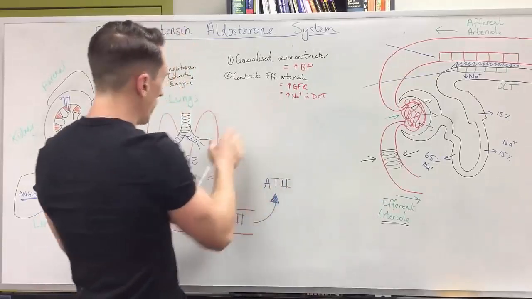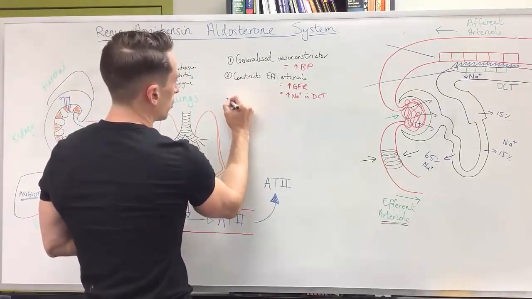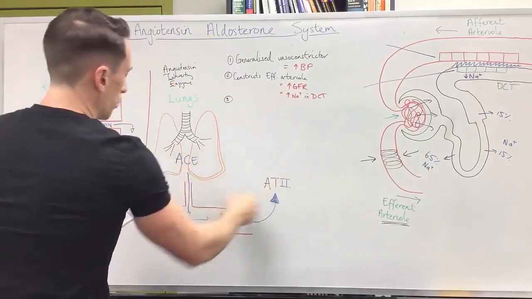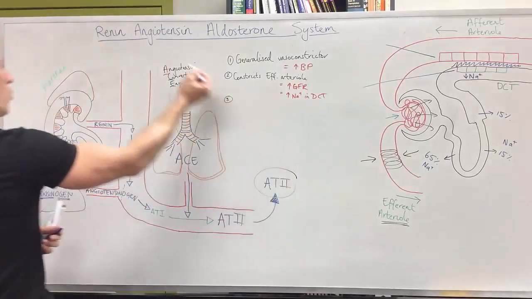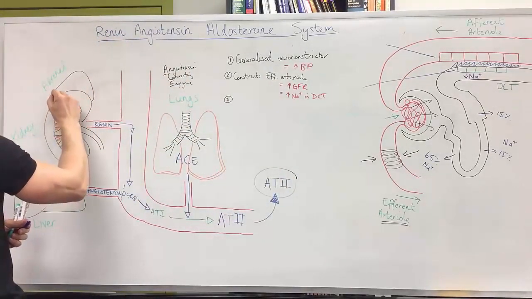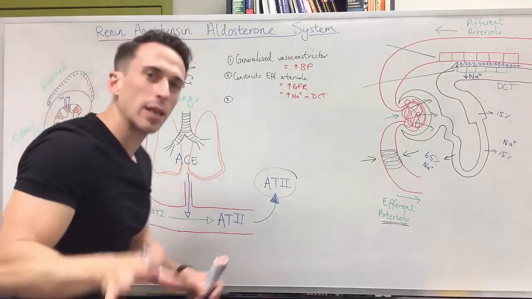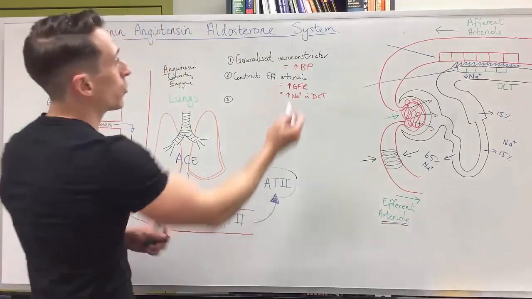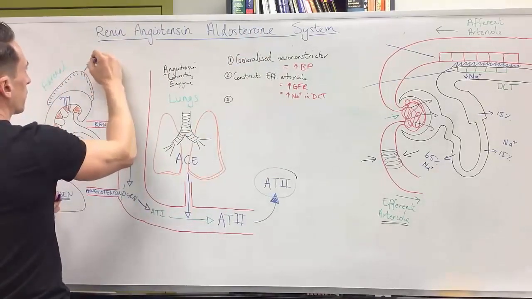Okay, what else does angiotensin 2 do? Angiotensin 2 will also travel, importantly, all the way to the adrenal gland. Specifically, it's going to travel to the cortex of the adrenal gland and stimulate it to release something called aldosterone, the last part of the renin-angiotensin aldosterone system.